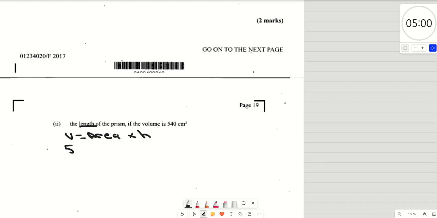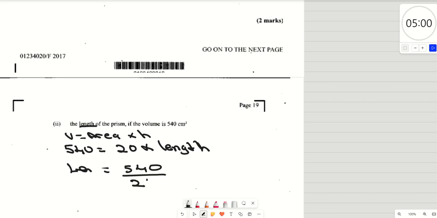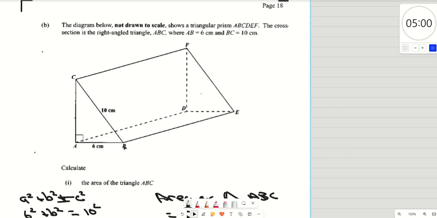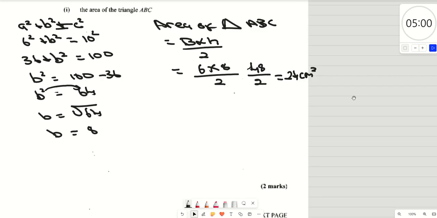So 540 is equal to 24 multiplied by the length of the prism, which is also known as height. So the length would be equal to 540 divided by 24. When you divide that, you're going to get 22.5. So that is the length of your prism. That is this length right here, AD, or CE, or whichever one you want to call it.